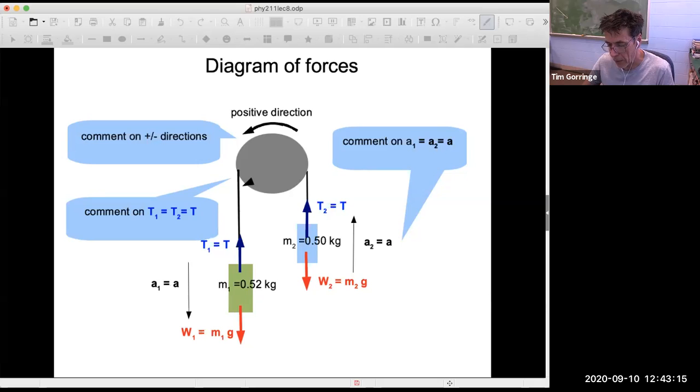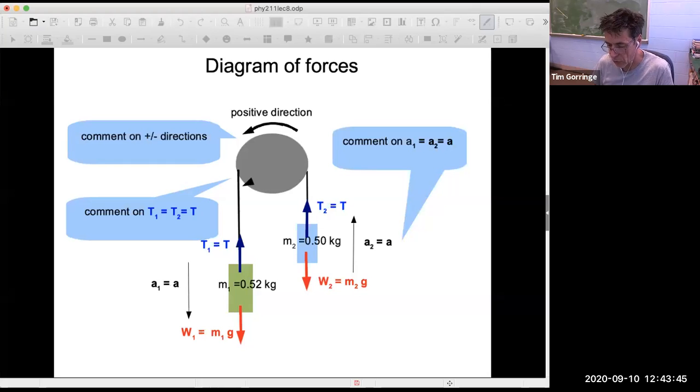The tension force on the left-hand block and the tension force on the right-hand block are actually the same. It's a single string that's wrapped around the pulley and connecting the two blocks. So the blocks are sort of pulling on each other by this single string, and those tension forces they experience are like equal and opposite forces.